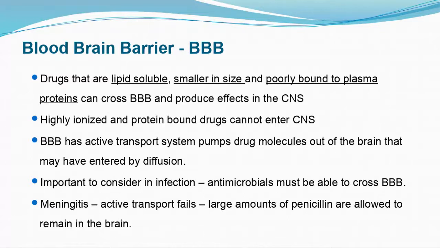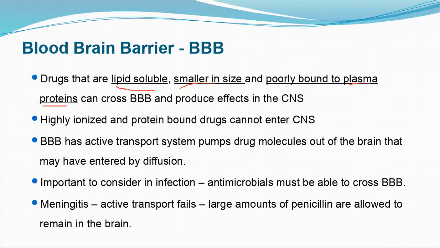زي ما قلنا drugs اللي تقدر can pass through the blood-brain barrier. These are drugs that are lipid soluble, small in size, and that are poorly bound to the plasma proteins. وهنتكلم عن binding to plasma proteins في الpoint اللي جاي. تمام.